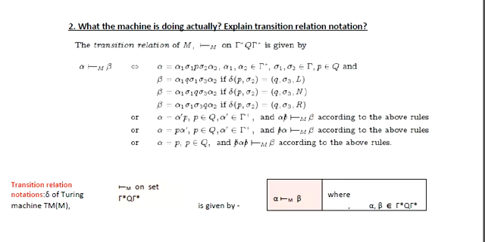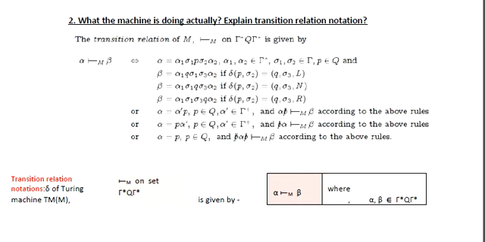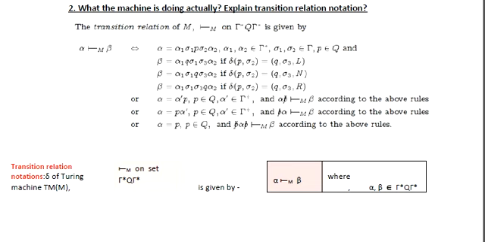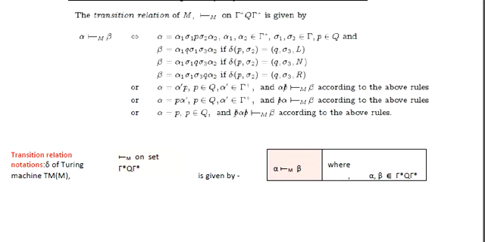So let's see, the transition relation of a machine M is defined by this transition relation notation with M, and if we apply it on gamma star, Q, many states, and then gamma star, then we will get a configuration of input symbol alpha, in one state, with the transition relation movement, we will get beta.